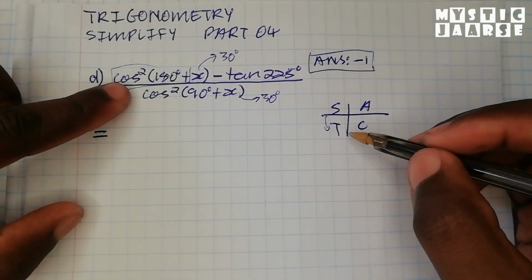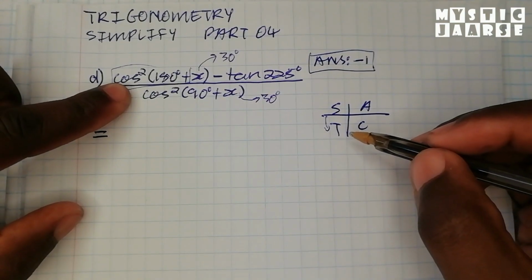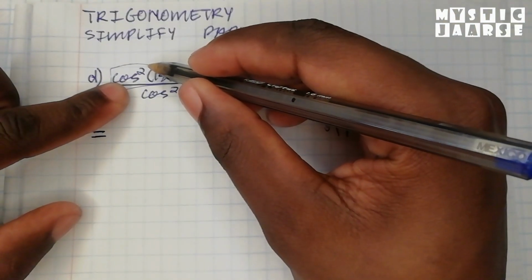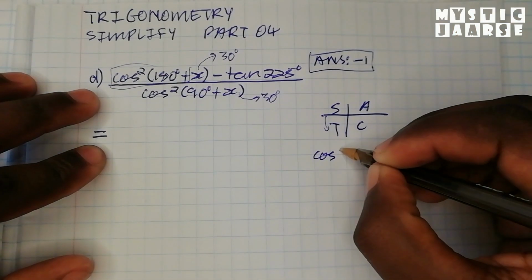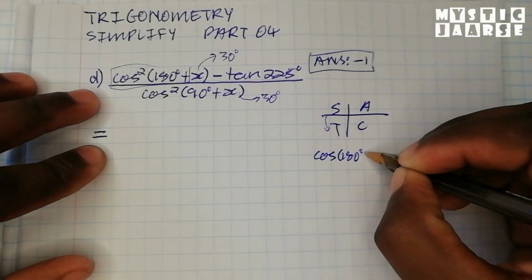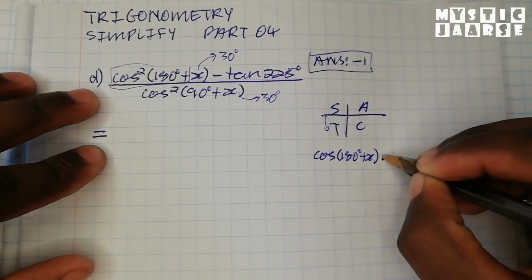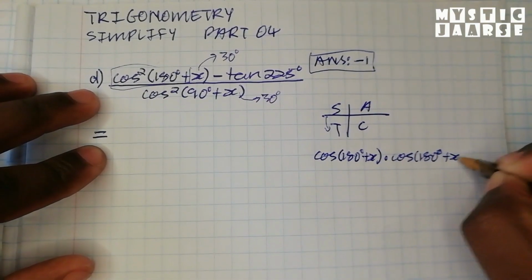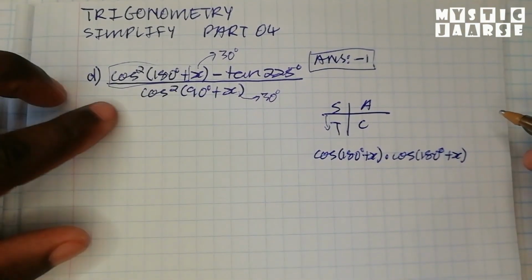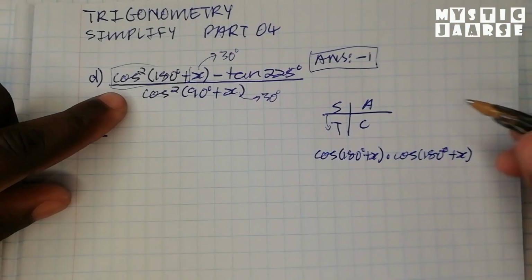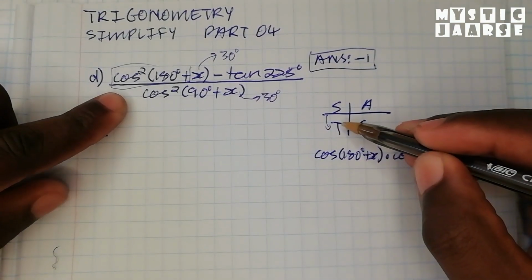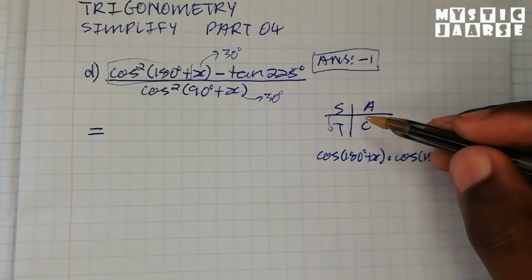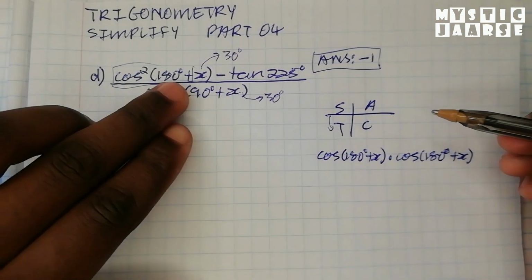So cos is negative, but this cos is squared. Cos of 180 degrees plus x multiplied by cos of 180 degrees plus x. You're not supposed to rush and say cos is negative in the third quadrant, so it's going to be negative cos squared x.